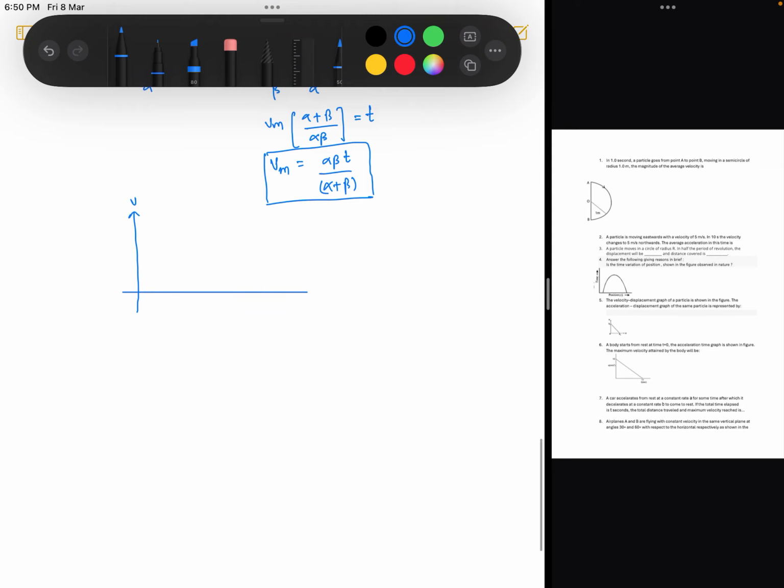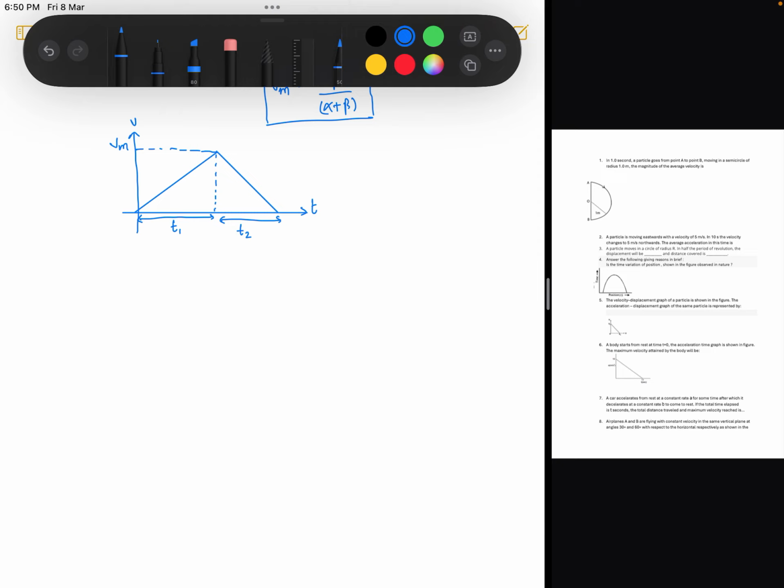So this is the velocity, this is the time. For a particular interval of time the particle is accelerating, and here the particle attains the maximum velocity, that is Vm. This time period is t1 and this time period is t2.